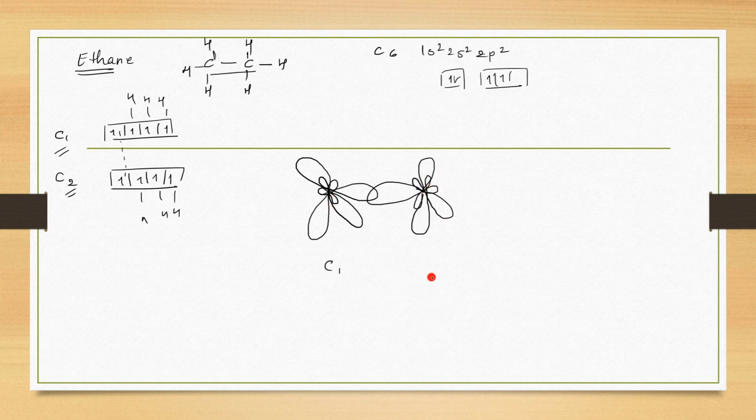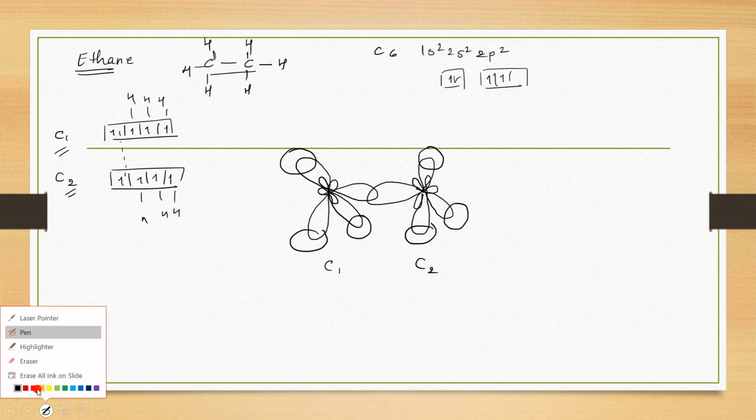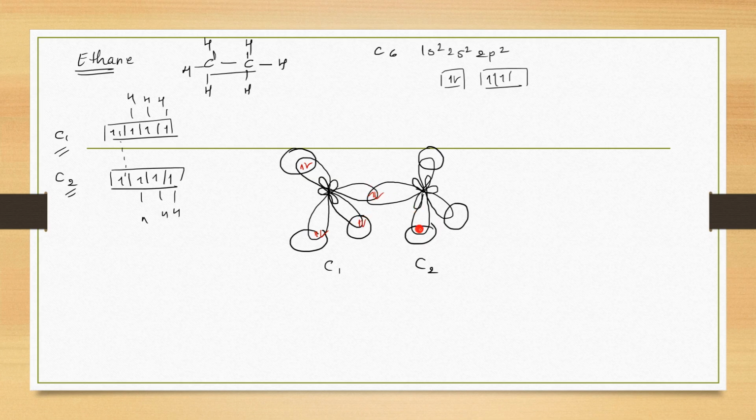This is carbons. Now three hydrogens. Now what is the shape of hydrogen? Spherical. Show this. Show the electrons also. So here the shared part is having a lone pair of electrons.